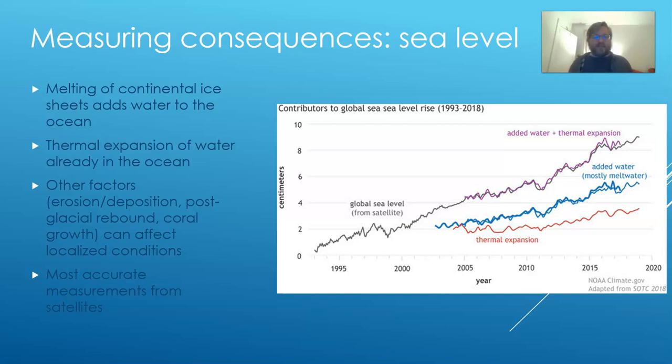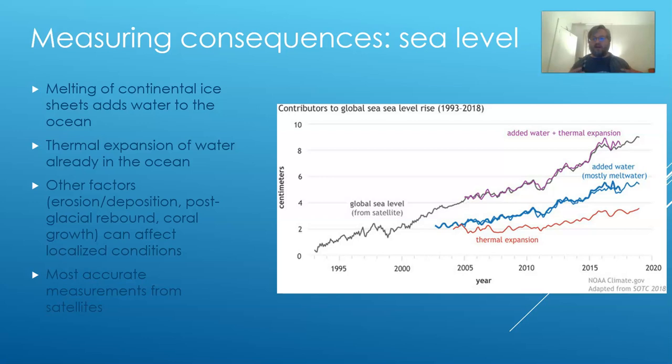Another consequence of climate change is increases in sea level. So the first thing to keep in mind about sea level is that sea ice does not increase sea level when it melts.